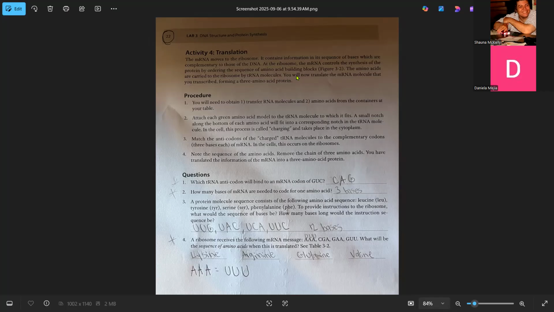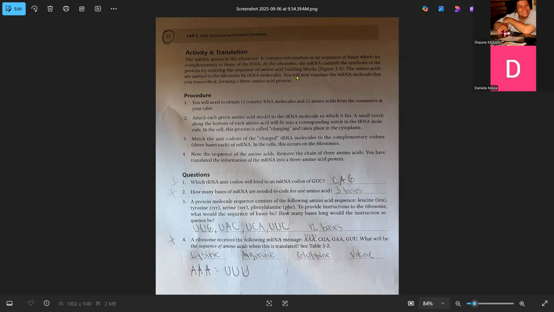Okay, so what you've shown here is the first lab showed you the DNA molecule. The second part showed you the first process, which was transcription. Now it's translation. So it says the mRNA, that's messenger RNA, moves to the ribosome. It contains information in its sequence of bases, which are complementary to those of the DNA.